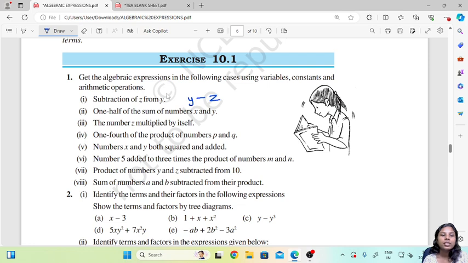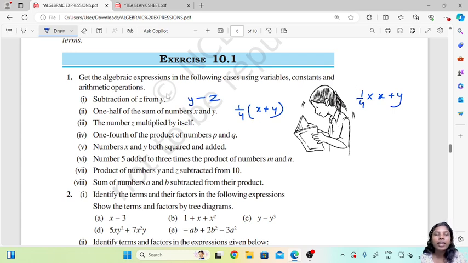Then 1/4 of the sum of numbers x and y. So it is what? 1/4 of x plus y. 1/4 of, we know, is multiplication. So 1/4 into x plus y. Sum of x and y.